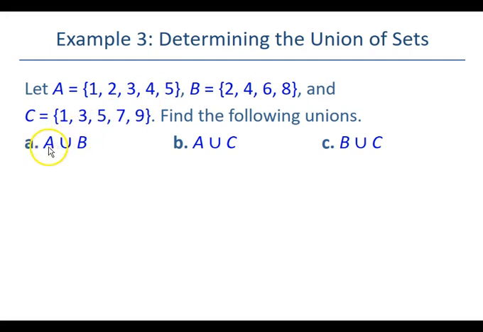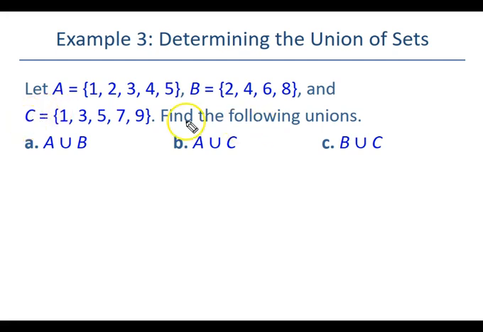Here we want to show union between A and B, union between A and C, and then union between B and C. Now, again, you want a strategy for doing this. So, you can copy it down, and then we'll get on to a strategy.